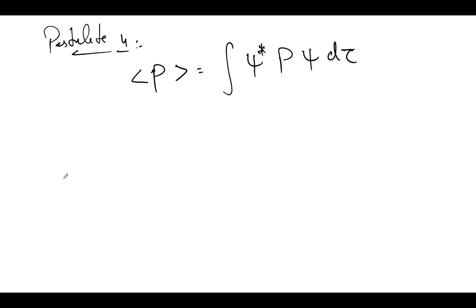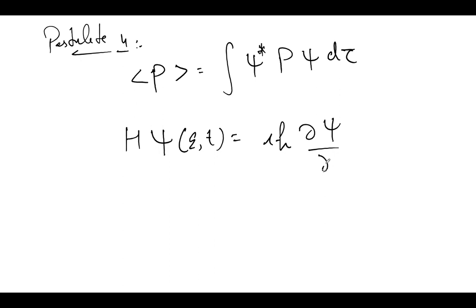The time variation of this quantum mechanical state function psi is generally determined by the time independent Schrodinger wave equation. Here H is the Hamiltonian operator. If I apply this Hamiltonian operator to our wave function psi of k and t, it is generally written as i h bar curly psi over curly t.